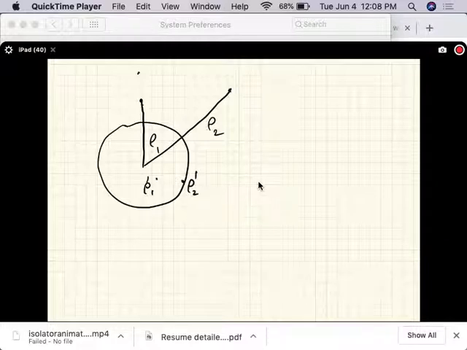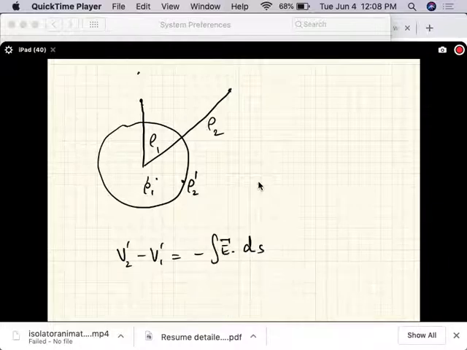So V2 prime minus V1 prime is equal to minus the integral of E dot ds. You take any path between these 2 points. What is the value of this integral? E is 0, so this integral will be 0.